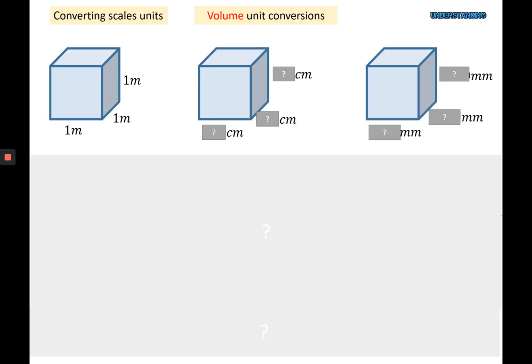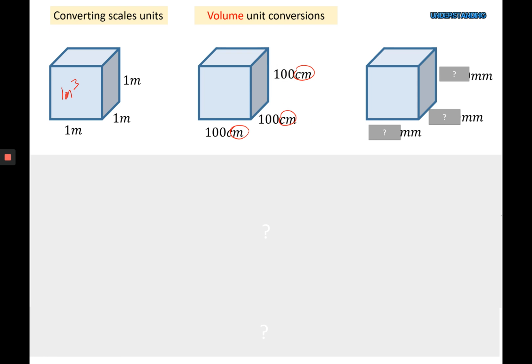Now, looking at volume, volume consists of how many cubes you can fit inside something. So a 1 by 1 by 1 meter cube, the volume is 1 meter cubed. The same cube, if it's in centimeters, is going to be 100 centimeters by 100 centimeters by 100 centimeters.